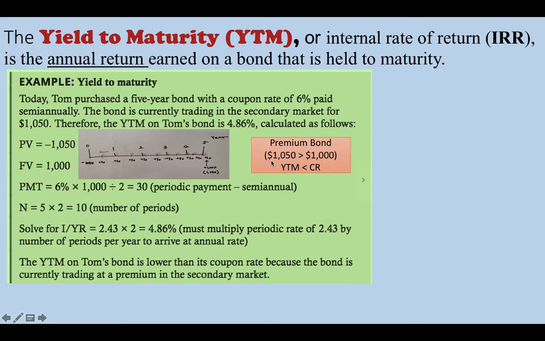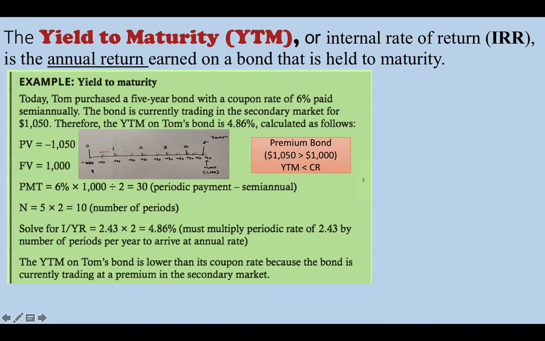A premium bond is when the bond is sold at a price greater than face value. So when the bond is selling at a premium, your yield to maturity is always less than the coupon rate. Let's see why.